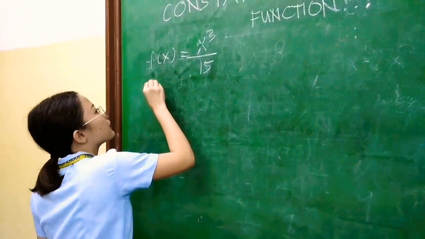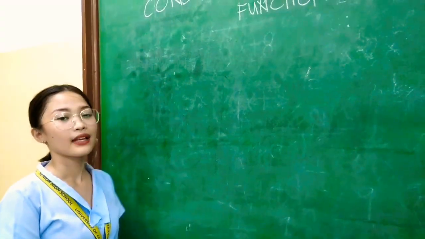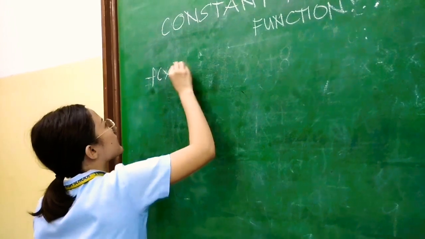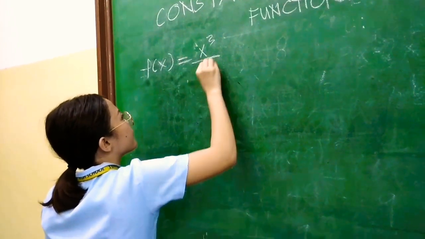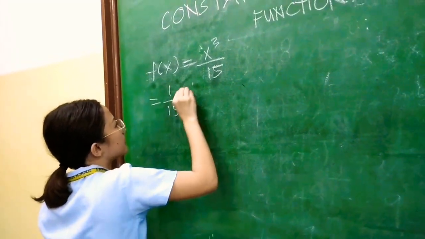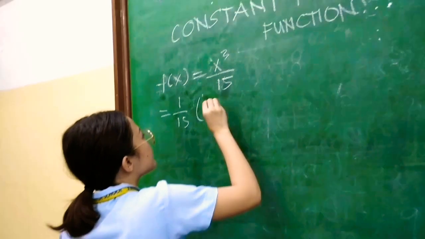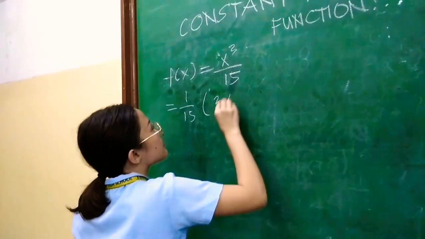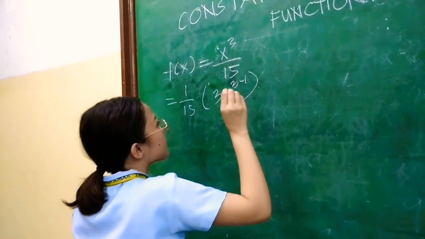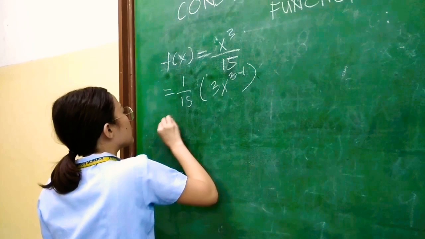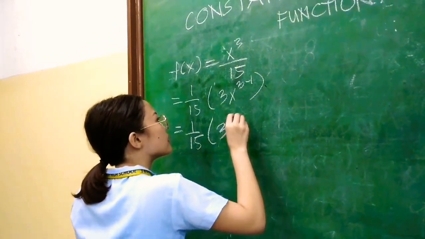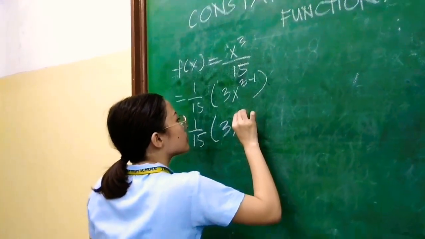The constant is 1 over 15 times the derivative of x cubed, which is 3x to the power of 3 minus 1. So 1 over 15 times 3x, 3 minus 1 equals 2.